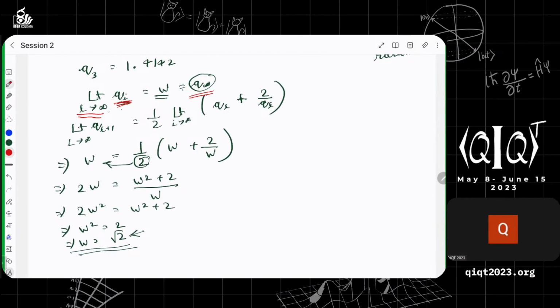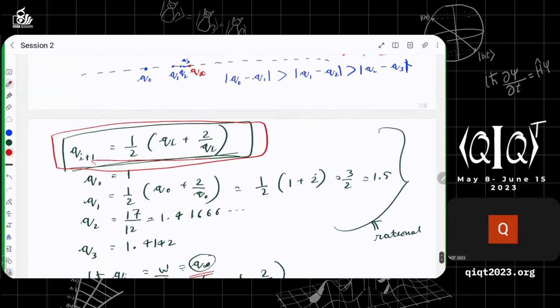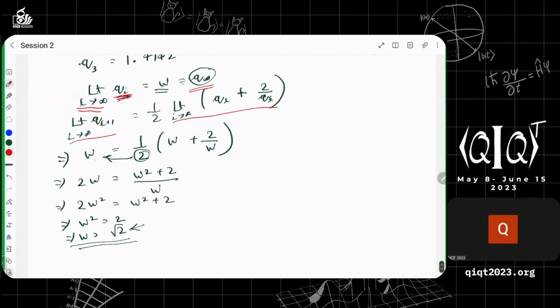So we took the limit i tends to infinity on both sides of the updation rule, which we had here, and since i tends to infinity, q_i is w, so of course this will also be w, because it's the same limiting point.